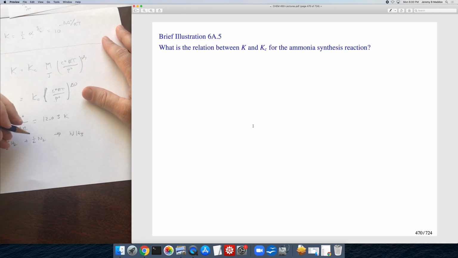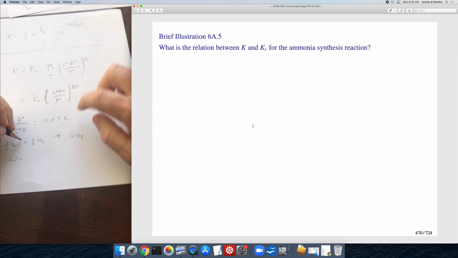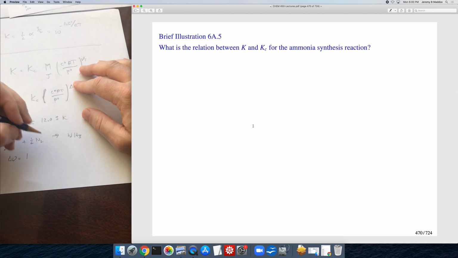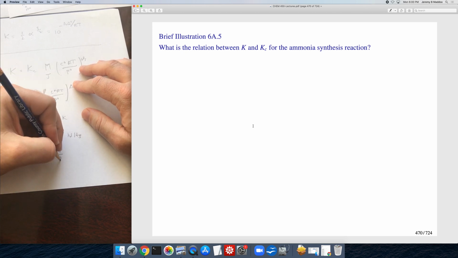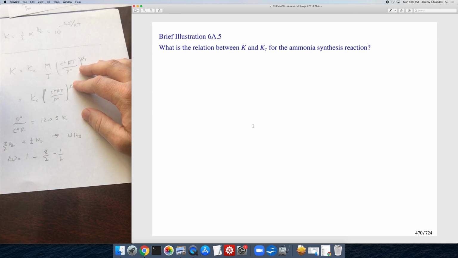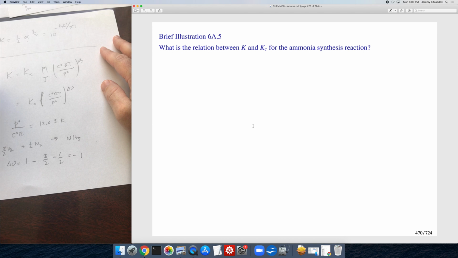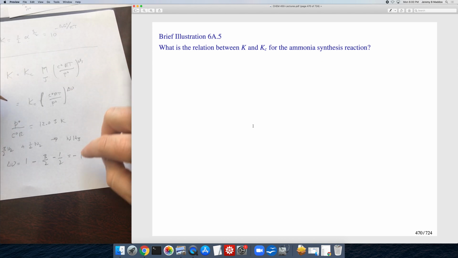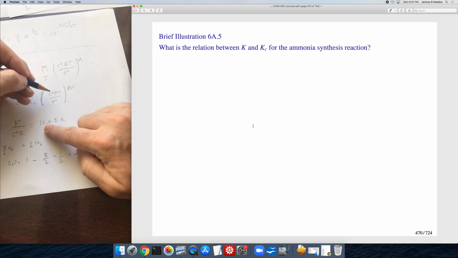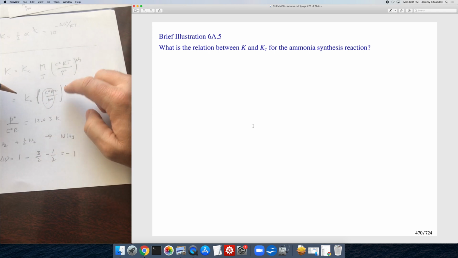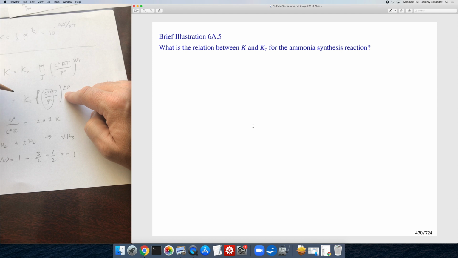Delta nu would be 1 mole minus 3/2 moles minus 1/2 mole, which gives you a minus 1. So for this ratio you would plug in T over 12.03 Kelvin to the minus 1 power, and that would be the relationship between K and Kc.